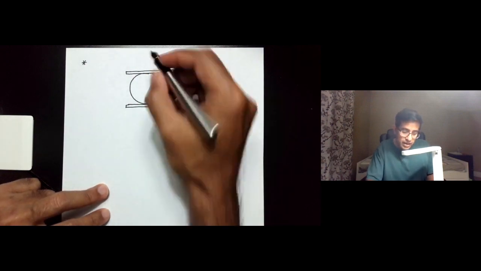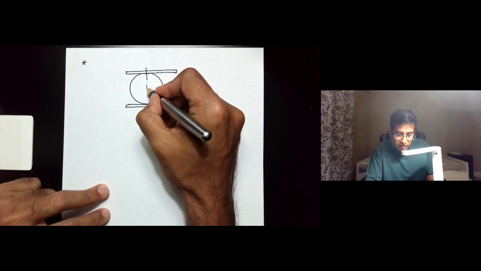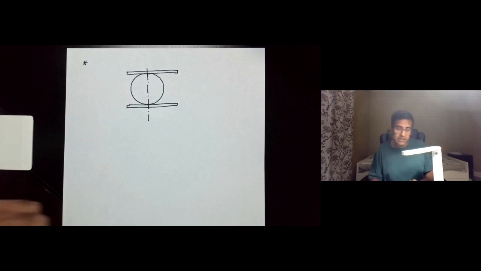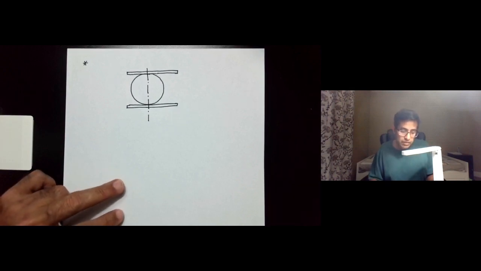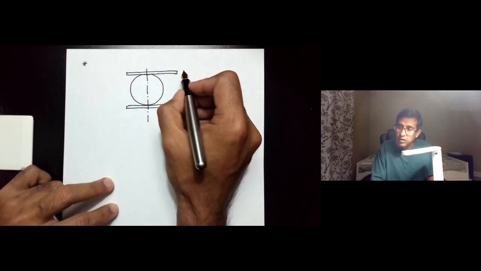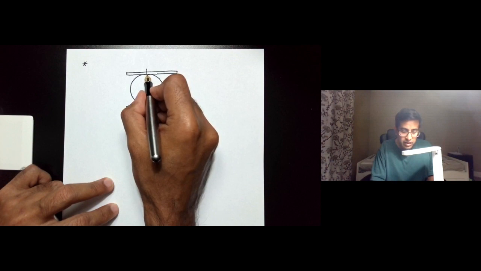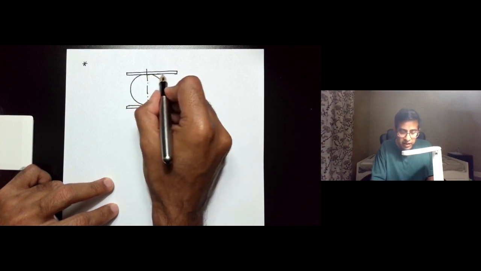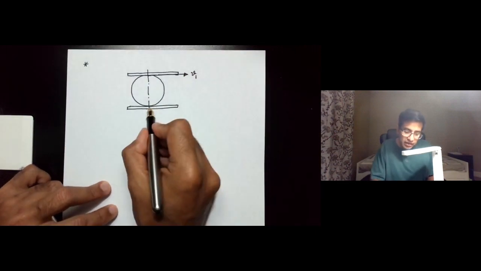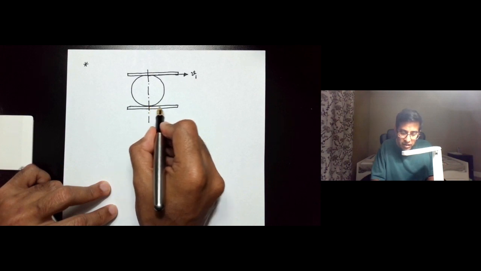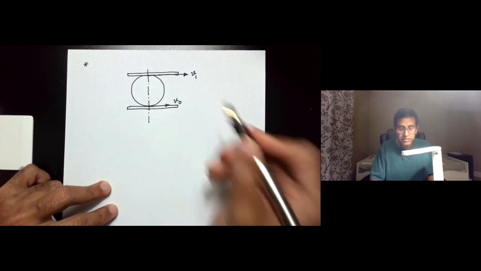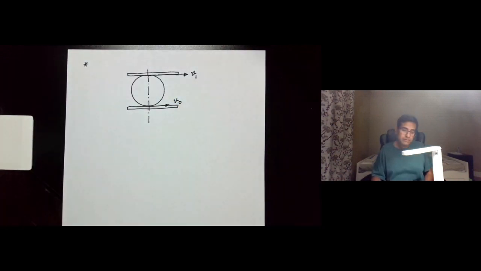All right, and we are going to look into some motion cases that will emerge depending on how these bars are moving. So let us consider the case where the bar on the top has a velocity v1, right, and the bar on the bottom is given a velocity v0, right?